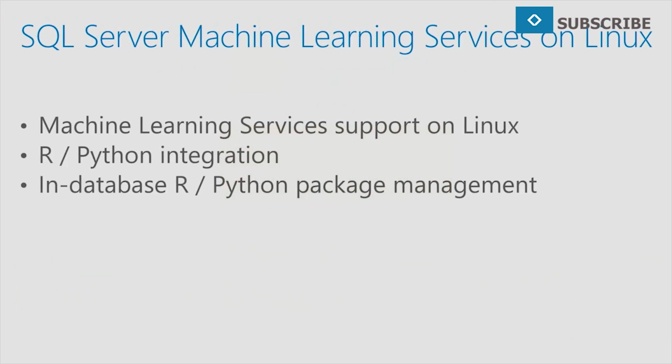Now, the next feature area that we are looking at is machine learning services on Linux. As you know, we added machine learning services support in SQL Server 2016. And in 2017, we extended it to support Python. So now for vNext, we are bringing the support from Windows over to Linux. So you can now run your R and Python scripts in SQL Server.